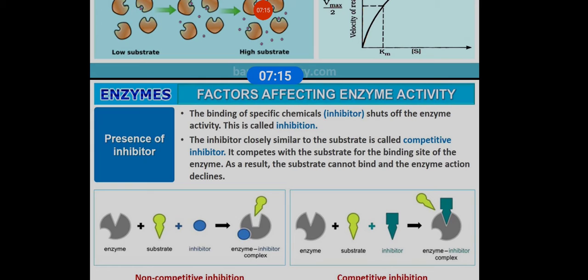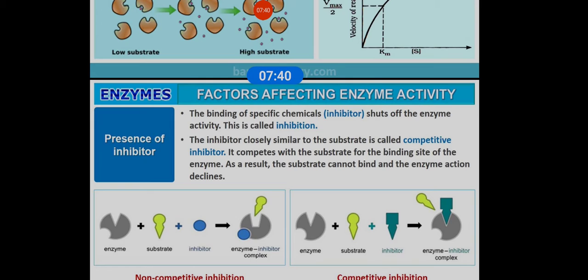So who are both competing? The inhibitor is competing with the substrate. Why? Because the substrate structure and inhibitor structure are the same. So the inhibitor is also competing for getting combined with the enzyme, and the substrate is also competing for getting bound with the enzyme. As a result, the substrate cannot bind and enzyme action declines.